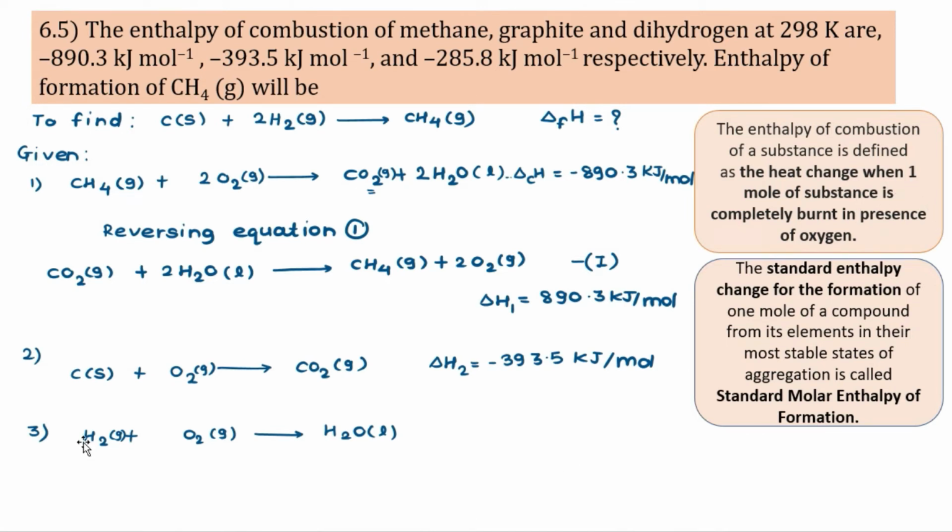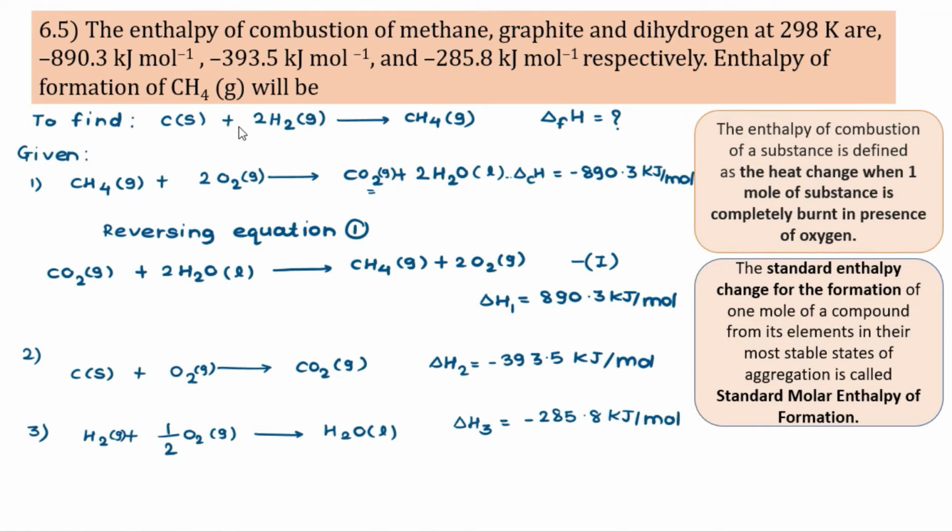So keep this H2 as 1 mole. To balance this, I am writing half O2. In this case, the change in enthalpy, that is delta H3, is equal to minus 285.8 kilojoule per mole.